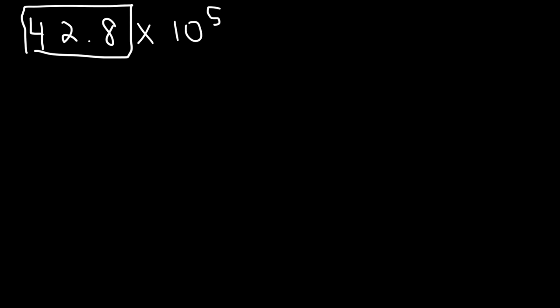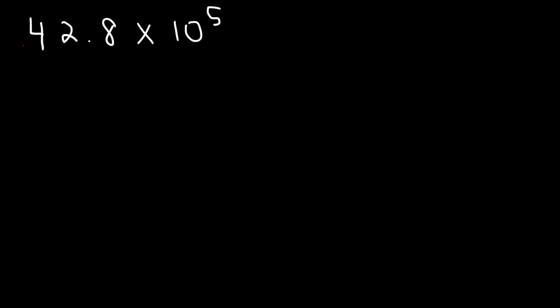For example, let's say if you have the number 42.8 times 10 to the 5. This number is not in proper scientific notation, because in scientific notation, 42.8, that number shouldn't be more than 10. It should be between 1 and 10. So we got to move the decimal point 1 unit to the left.